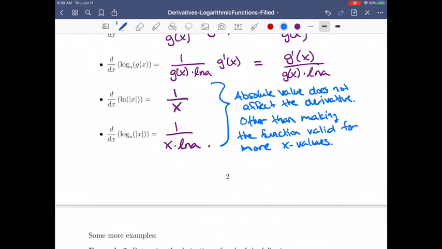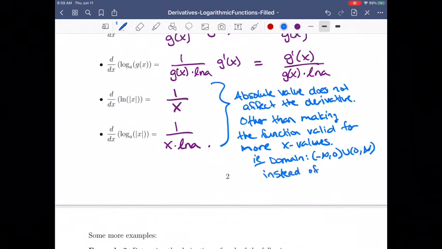The domain will now be negative infinity to 0 and then 0 to infinity, so everywhere except 0, instead of just the positive side, 0 to infinity.